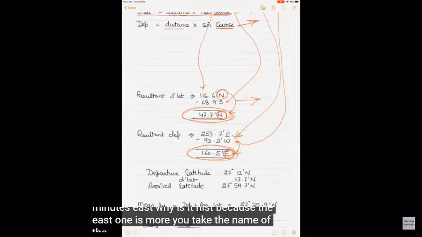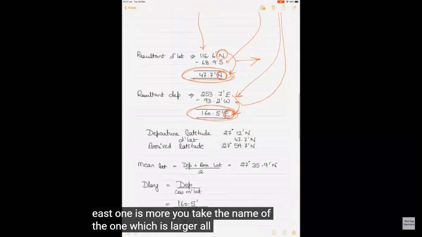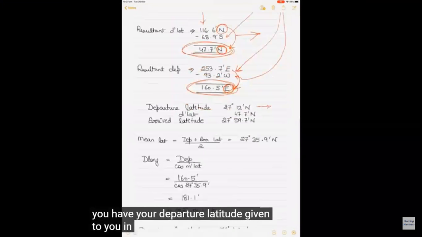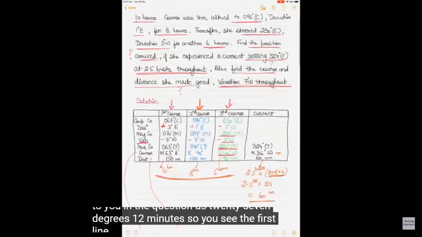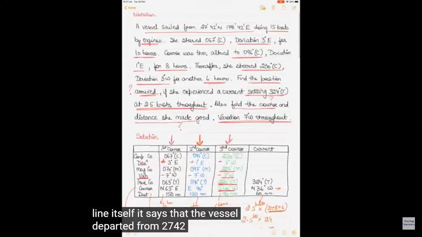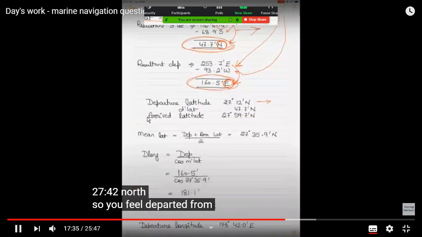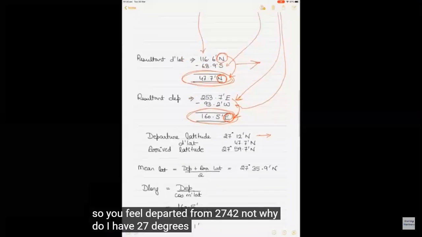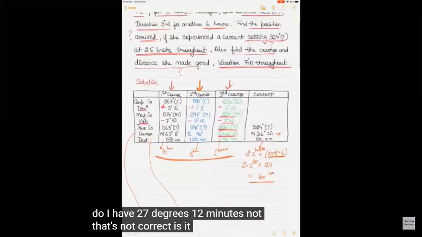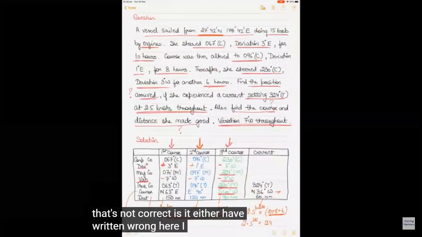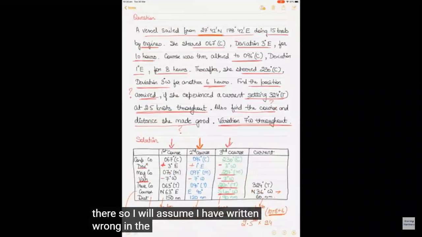So departure latitude was given to us as 27 degrees 12 minutes north, and DLAT we got is 47.7 north. So the arrival latitude will be 27 59.9 north after adding. Now we need to calculate the mean latitude.